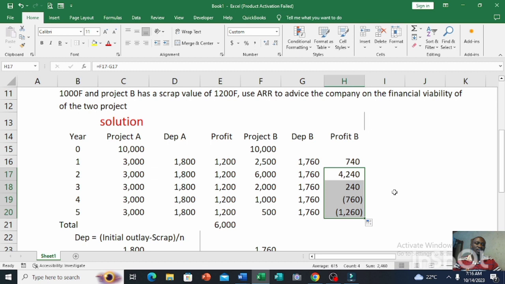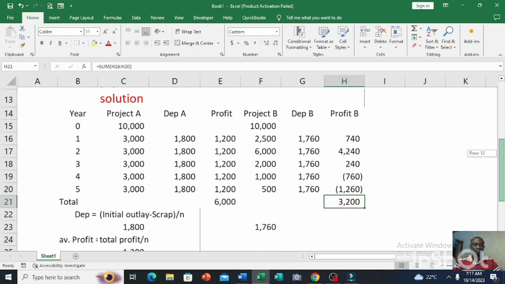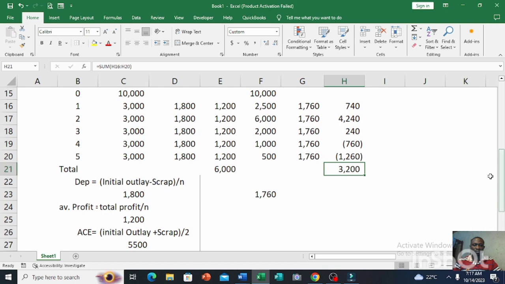You see that we're having negative amounts because at the 4th and the 5th year, our cash flows, we have only 1k and 500 francs. But our depreciation is 1,760. That's why when you take the cash flow here less the depreciation, you are going to have a negative amount. So what will be the total now? Equal to, you see the total profit for project B is rather 3,200 francs.